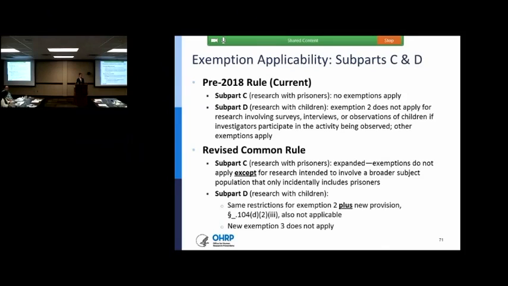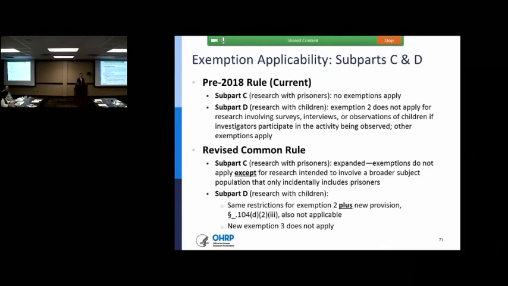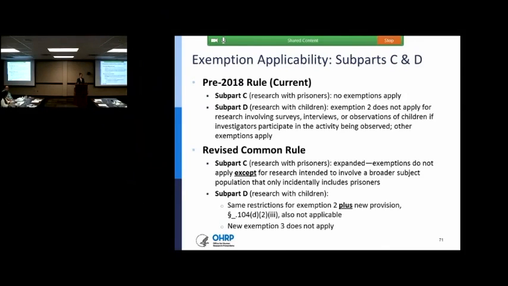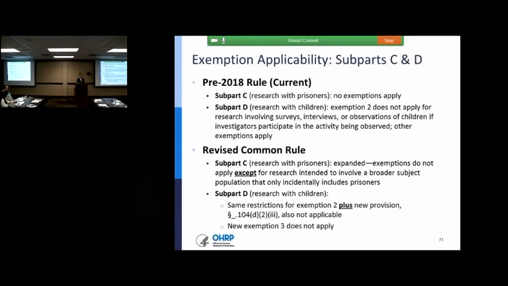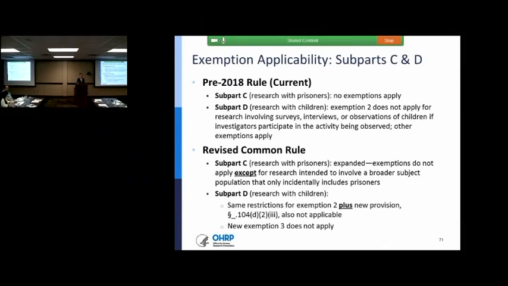Subpart D, which is research with children. Exemption 2 currently doesn't apply for research involving surveys, interviews, or observations of children if the investigators participate in the activity being observed. But the other exemptions do apply to children.